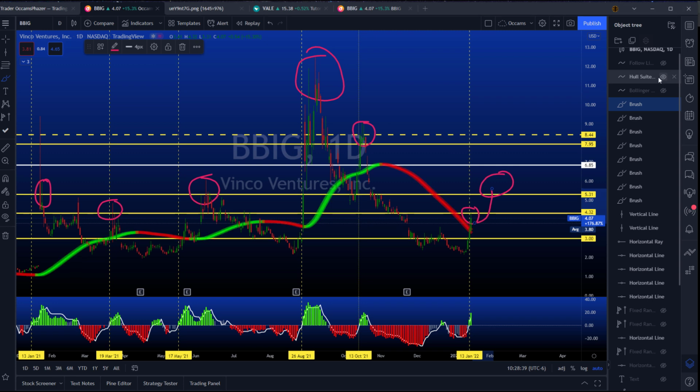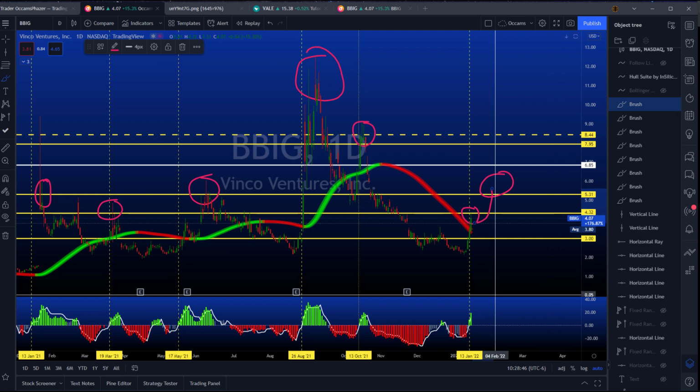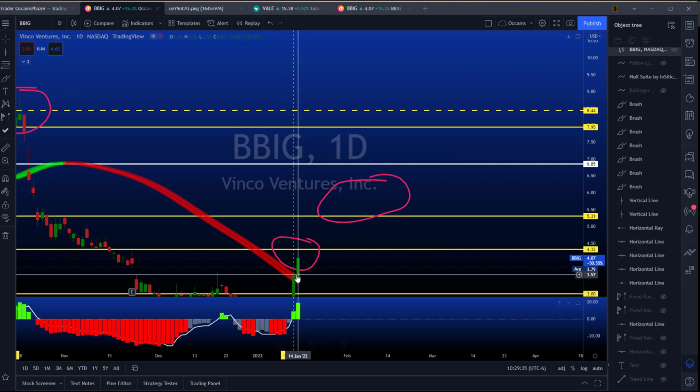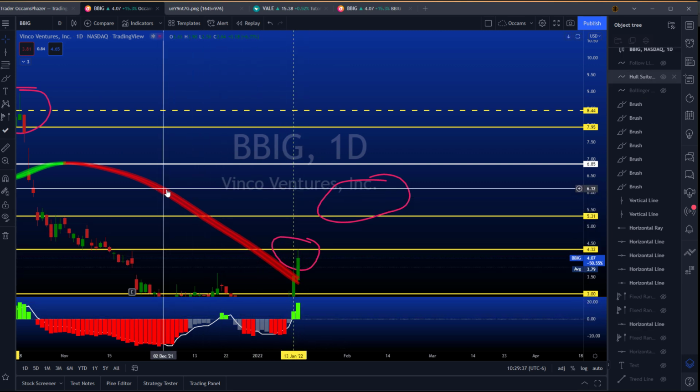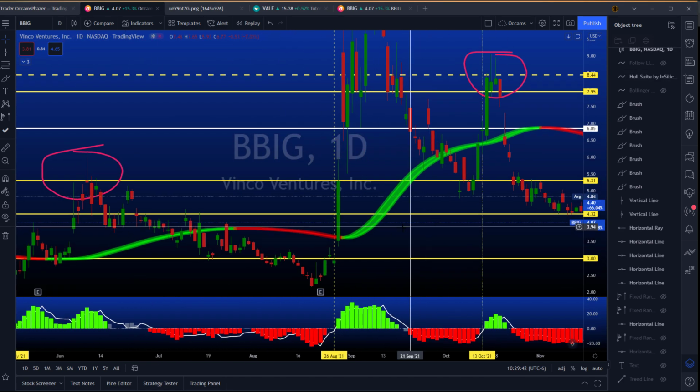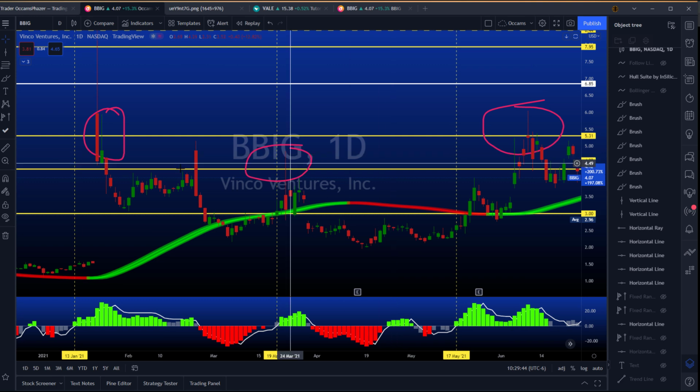Now, we can take it a bit further, and this might start to get a little bit messy, but we can head on to the Hull moving average. We can see some deviation starting to happen. We're getting this flip, and you are starting to see this cloud deviation in the Hull, which, if we come back here, I'll try to find a good example of it.